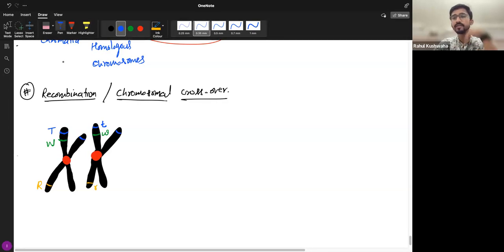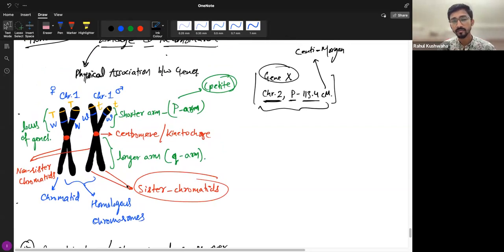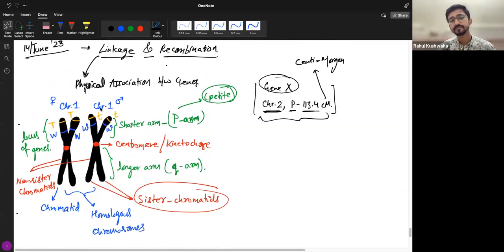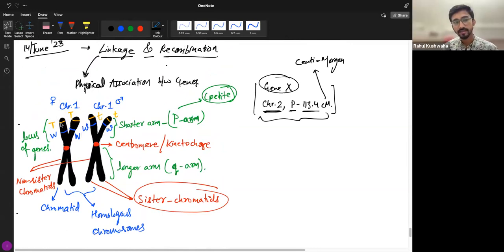The only way sister chromatids are formed is by DNA replication. So one chromatid becomes two, but they are still attached with the centromere. Is that clear? Look here. You drew this in your notebooks, Aisha? Yes. Can you tell me what you see here on chromosome 1 of both?